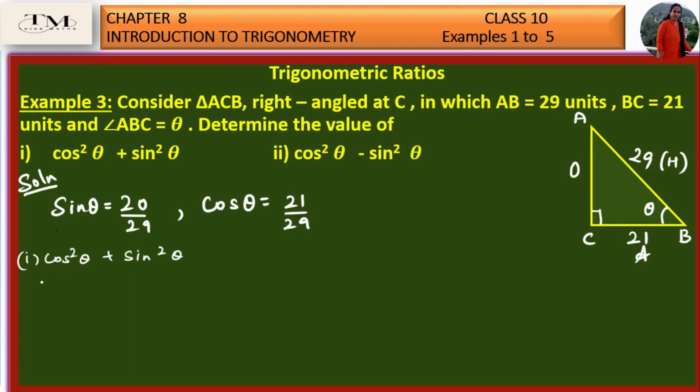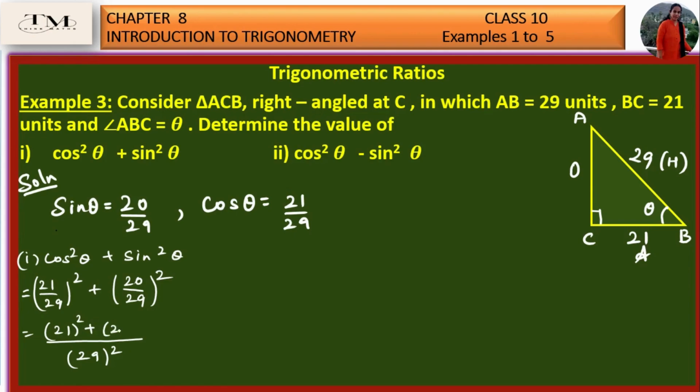So cos theta is 21 by 29 whole square plus sine theta is 20 by 29, so sine square theta is 20 by 29 whole square. So in the denominator we have 29 square. So take the LCM as 29 square. So in the numerator we will have 21 square plus 20 square.